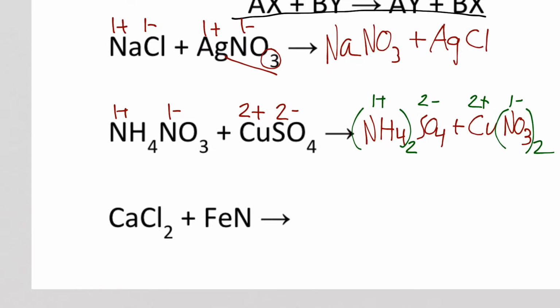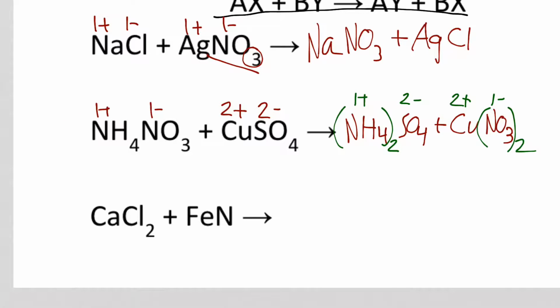Now for our last example, again we want to know the charges, 2 plus, 1 minus, in this case 3 plus and 3 minus. So again, when we bring these new couples together, calcium is with nitrogen and iron is with chloride.